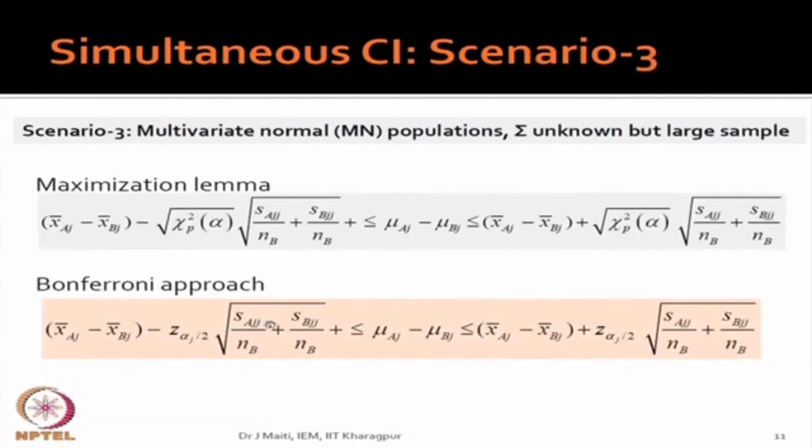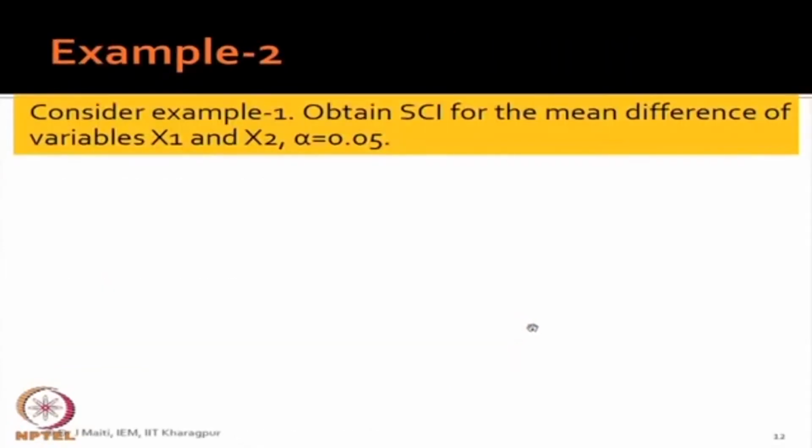Third case, large sample, chi-square distribution. You create your example here. Next class I will ask you. There is no example. I thought I would give one, but I find it is better not to give anything. Next class you will give one example for this. Arbitrarily I will ask some of you.